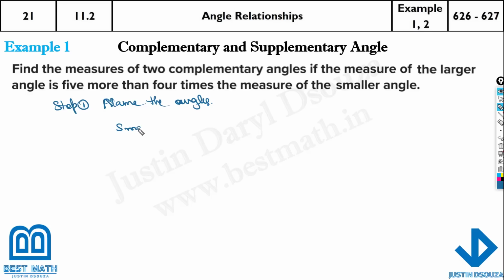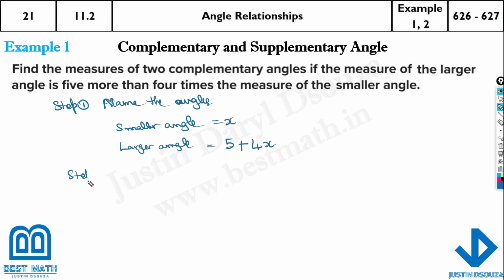Smaller angle equals x. What about the larger angle? Larger angle here will be equal to 5 plus 4 times the measure of the smaller angle, which is x. So this is it.